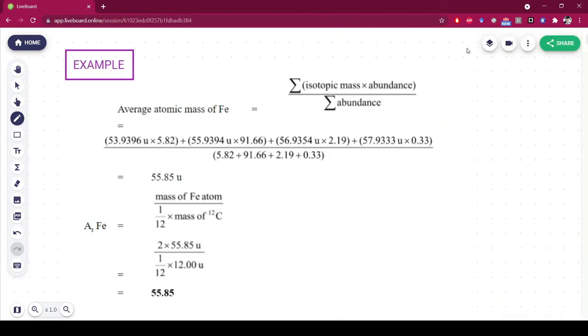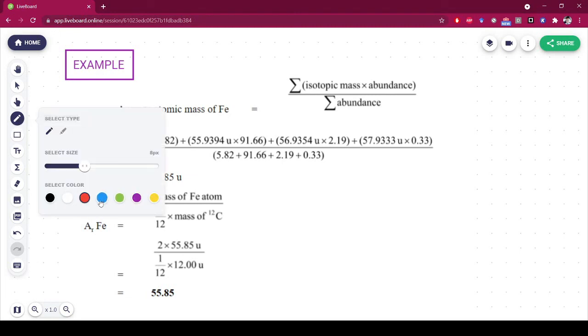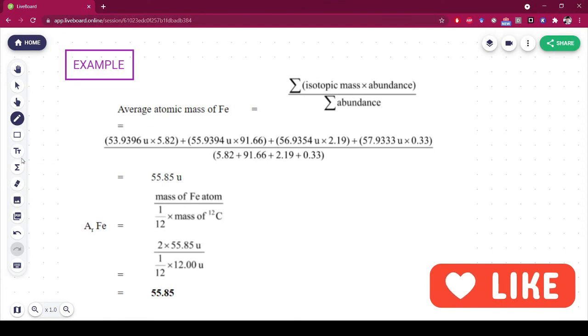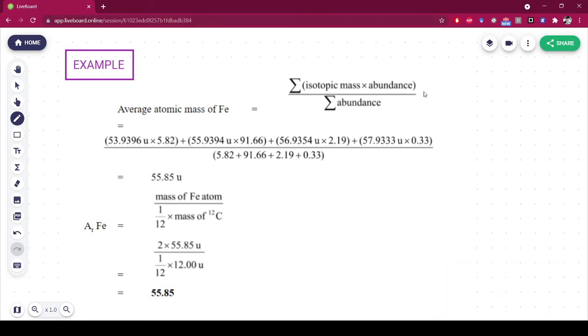This is an example of a calculation when the question wants you to find out the relative atomic mass, and the question gives you the isotopic abundance and isotopic masses. The one that you are looking at now is similar to what you have done in the basic problem solving and also HOT problem solving. So right here, you can see that you are using the formula approach.